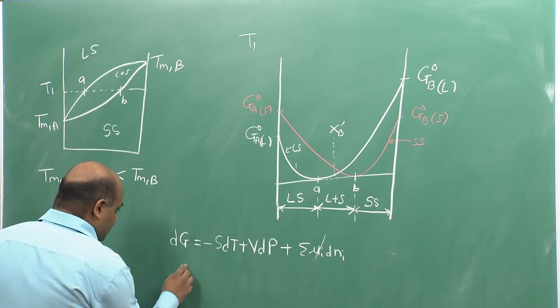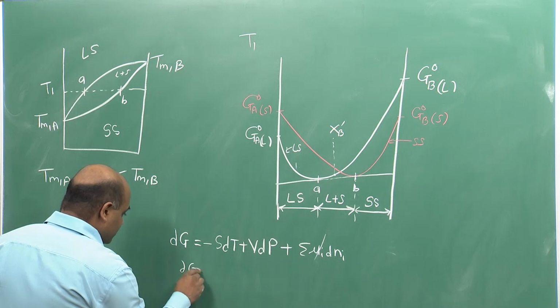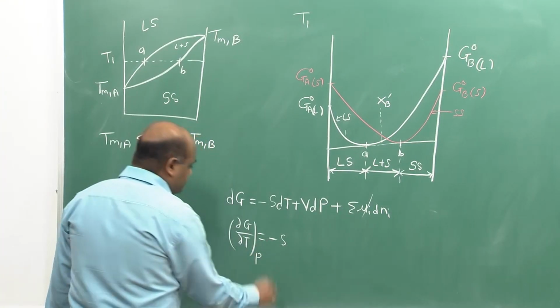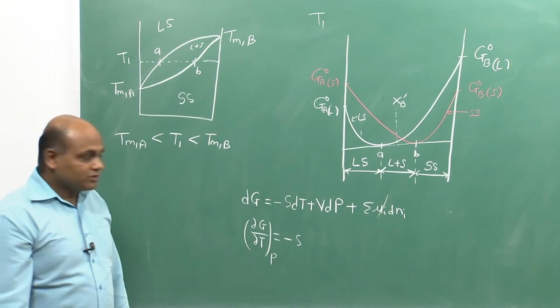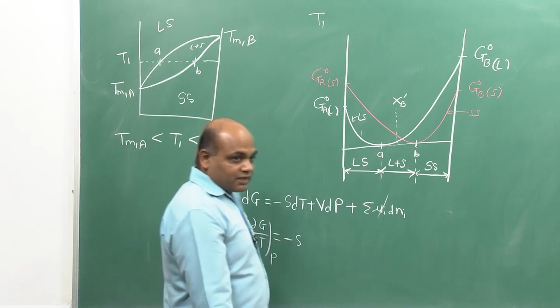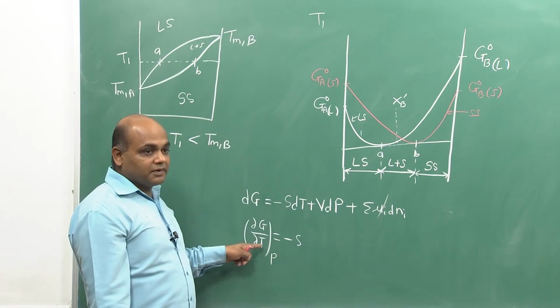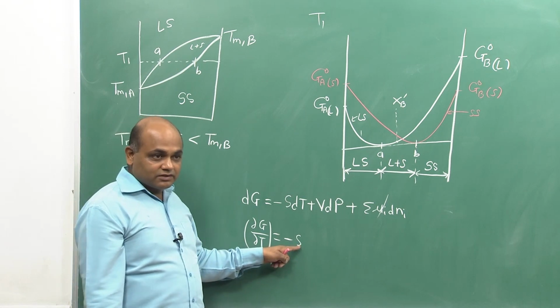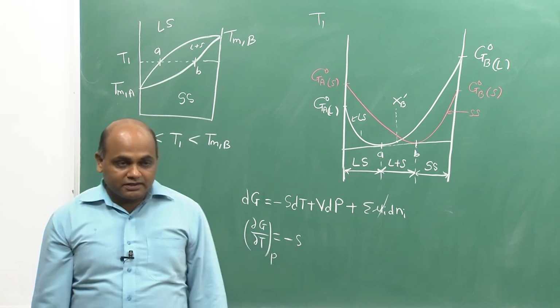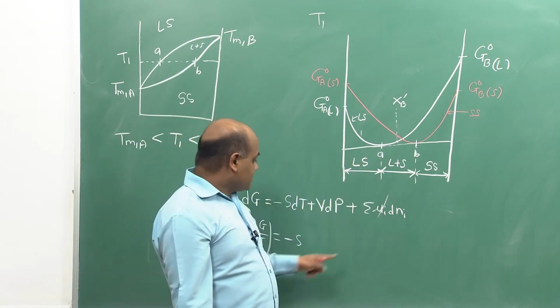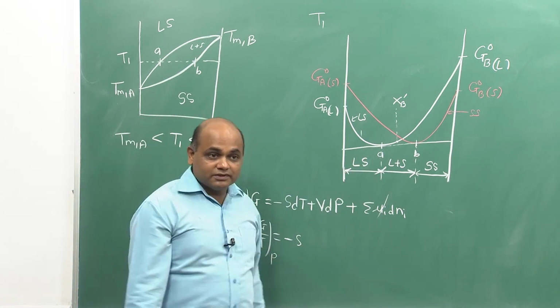So, at constant pressure, dou G by dou T is equal to minus S. So, if you consider any composition, as I increase the temperature, the Gibbs free energy should decrease, because the slope is minus S. So, the slope is always negative, the Gibbs free energy should always decrease with temperature, but entropy of liquid is higher than entropy of solid.